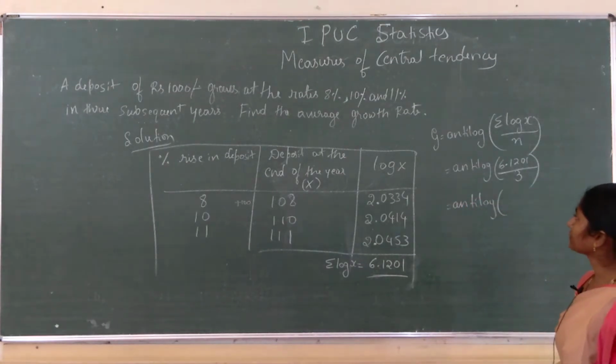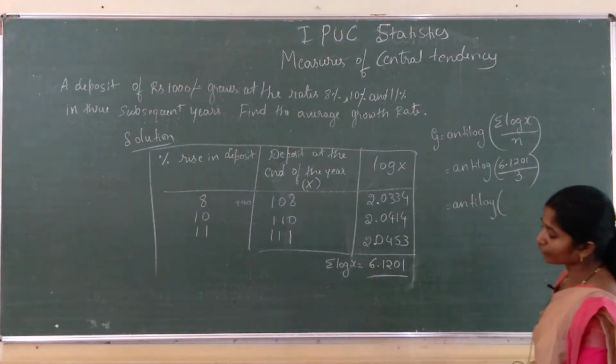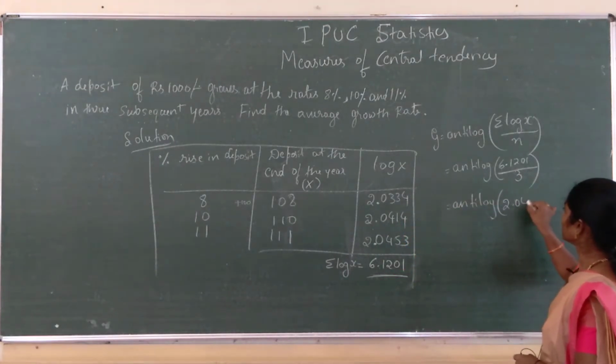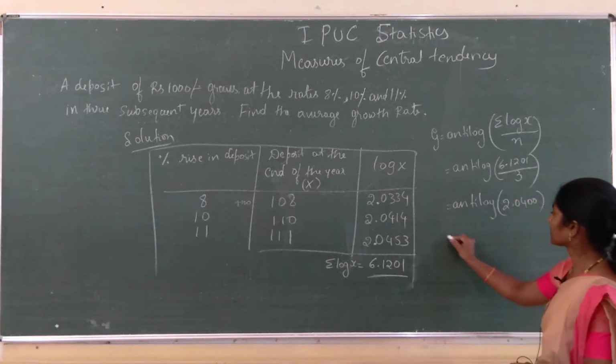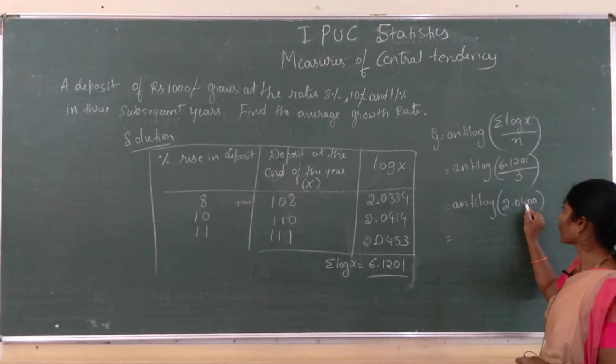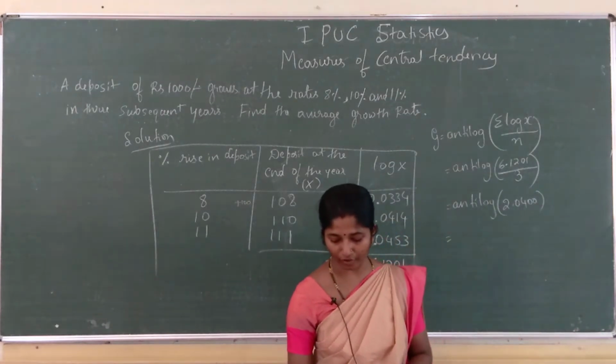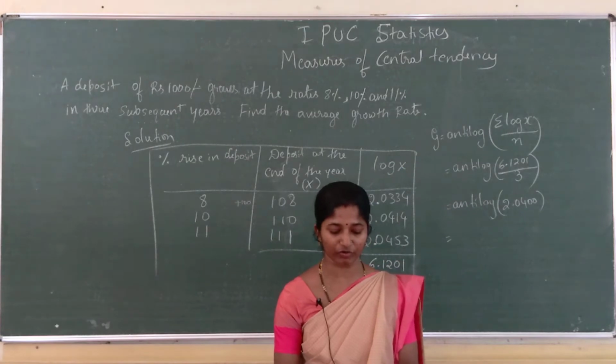Dividing by 3, we get the answer 2.0400. This is the answer. Now, see the antilog table, open the antilog table.